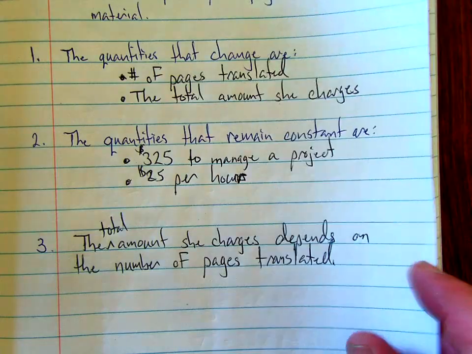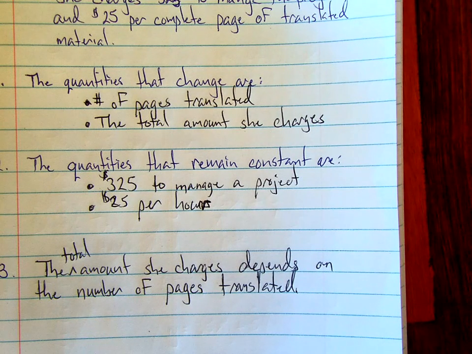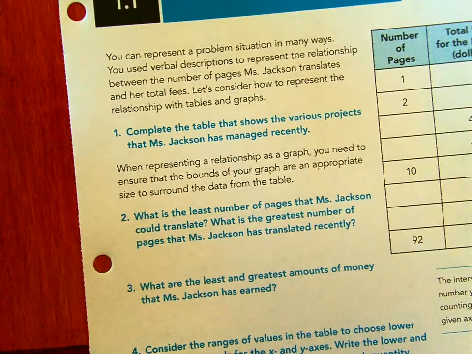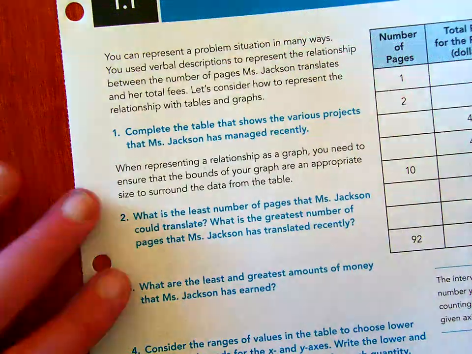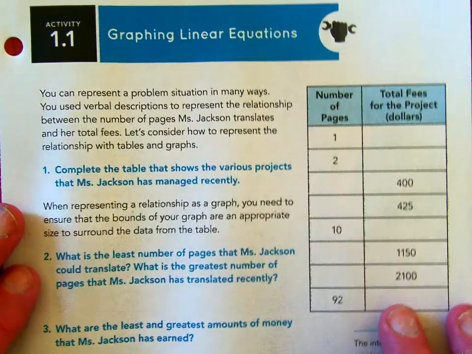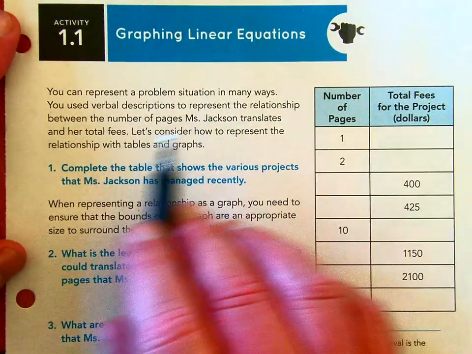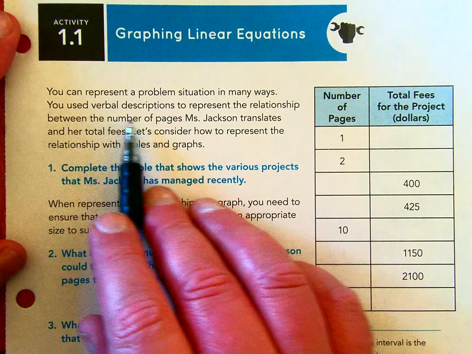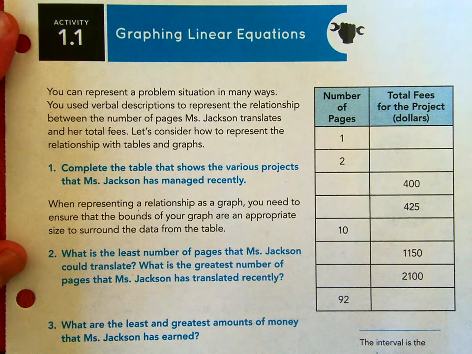So let's take a look then at page 127. You can represent the problem situation in many ways. You use verbal descriptions to represent the relationship between the number of pages Mrs. Jackson translates and her total fees. Let's consider how to represent the relationship with tables and graphs.